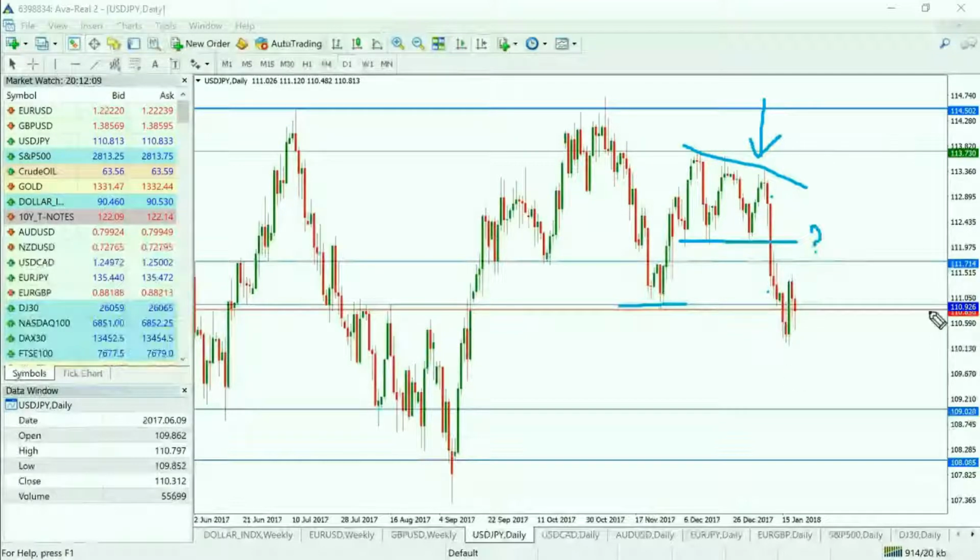So last week we were identifying the 110.83, and we've had a bit of a break, but a little bit of a bounce off those lows, certainly at these lows down here. So it looks like we're going to get a little bit of continuation.